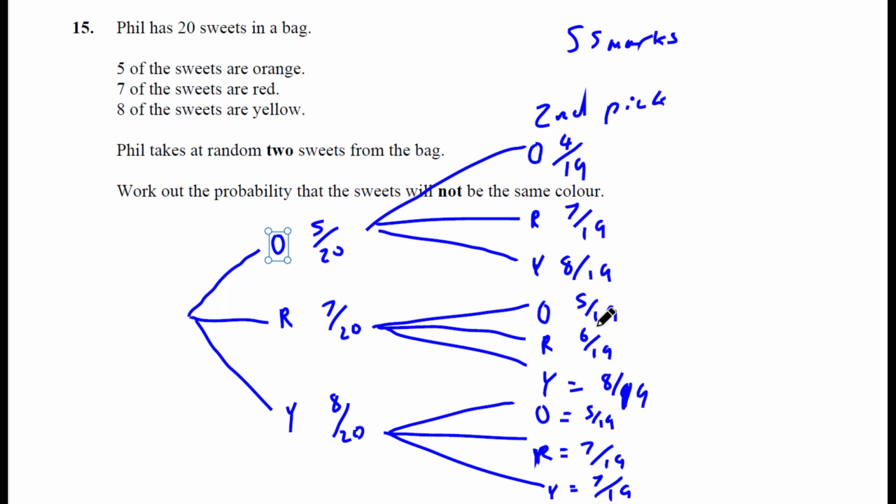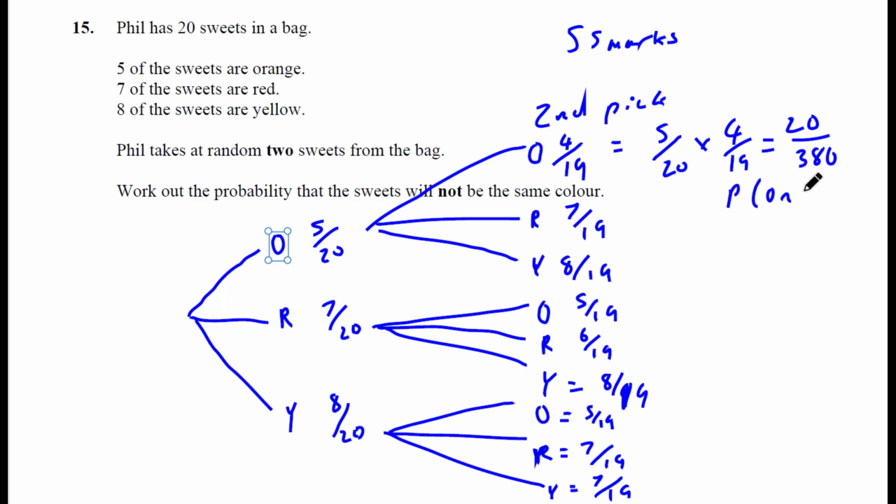The sweets will not be the same colour. Well, you can multiply here, but it's easier if they're not the same colour. Let's just work out these ones. I'm going to do this way. So the same colour is 5 over 20 times 4 over 19 equals 20 over 380. So that's the probability of orange and orange.